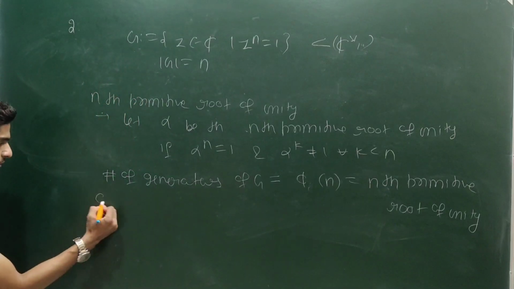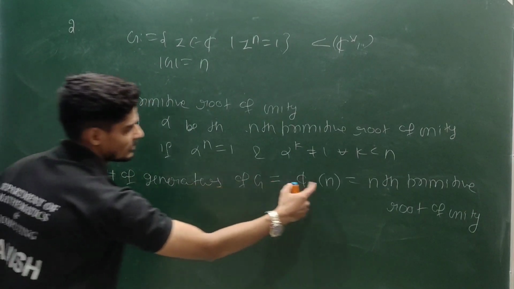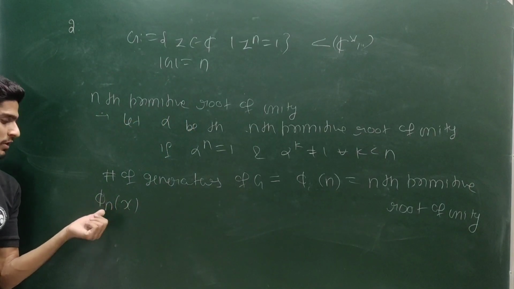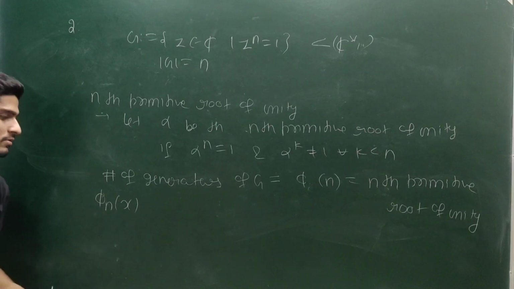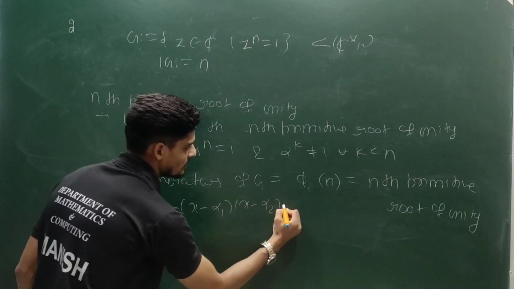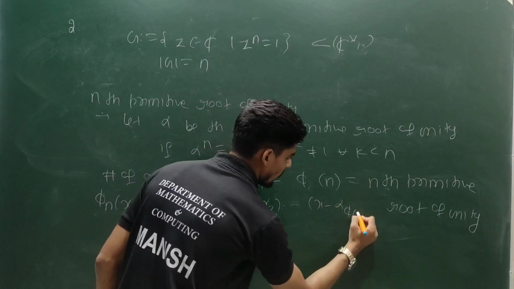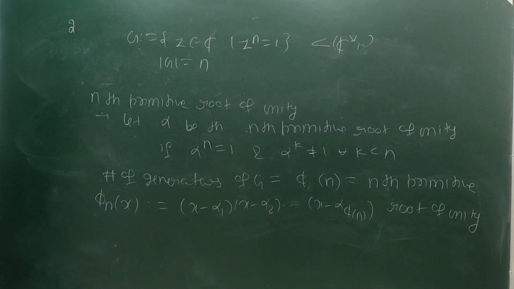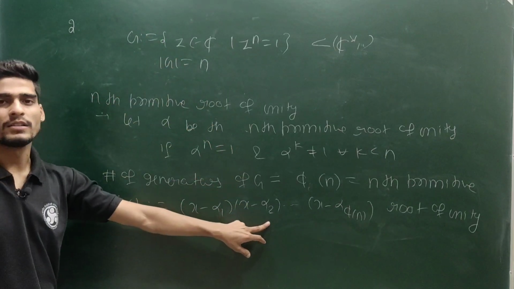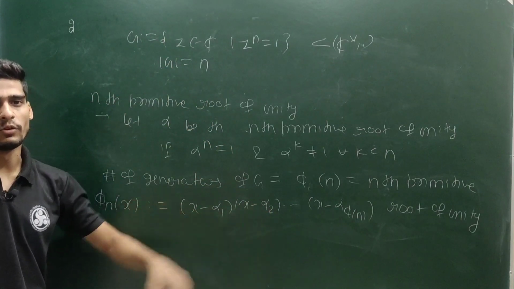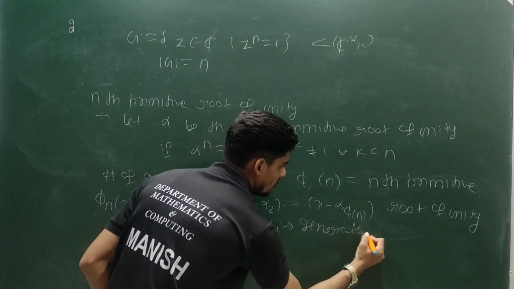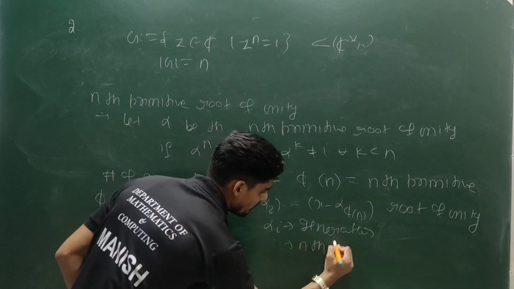So let me give you the definition of this phi n x. This is your Euler-Totient function, and this is the number of irreducible factors over Q in the expansion of x power n minus 1. So this is (x minus alpha 1)(x minus alpha 2) up to (x minus alpha phi of n), where each alpha i is a generator of G, or you can say each alpha i is an nth primitive root of unity.